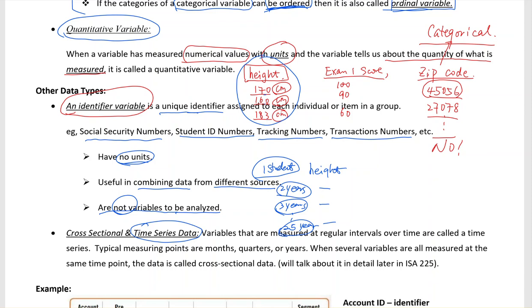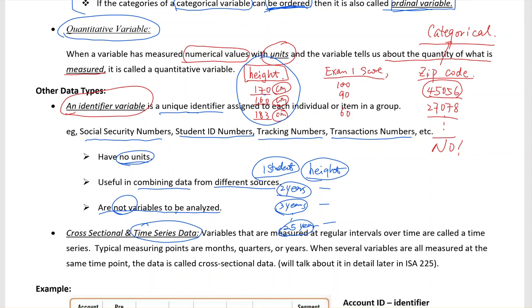For example, seasonal products, right? Amount of products, seasonal sales, monthly sales, right? So any variable whose responses are recorded over time is called time series data. It is not about every case. It is just about one case, but over time.